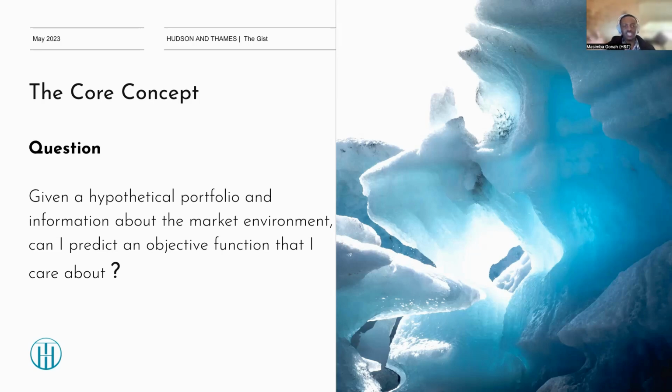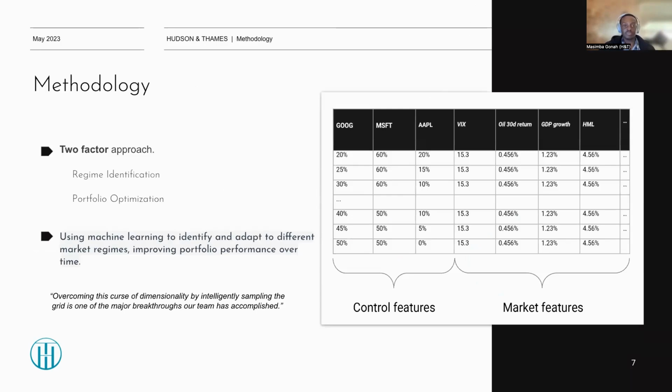The objective function can be anything you want, given your investment preference as a manager or as a researcher, whatever the case is. Can I manage to predict or optimize, we'll see that, an objective function given the market environment and this hypothetical portfolio? And CPO turned out to be the answer to that question.